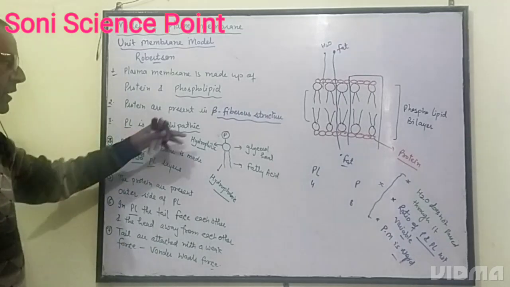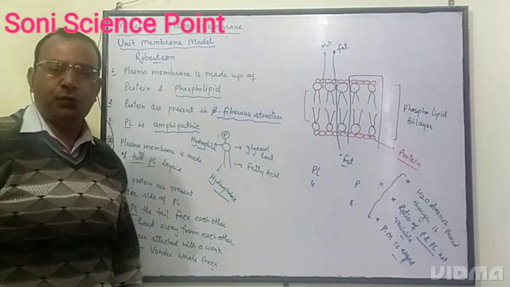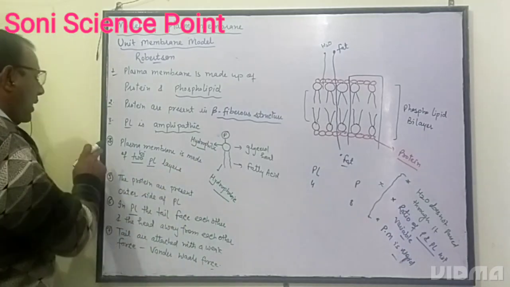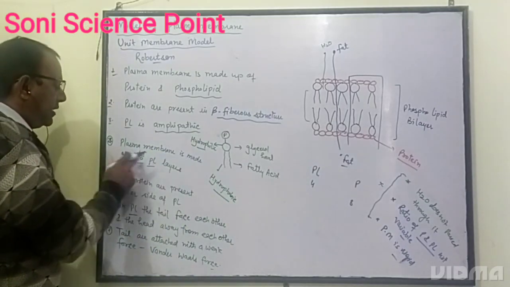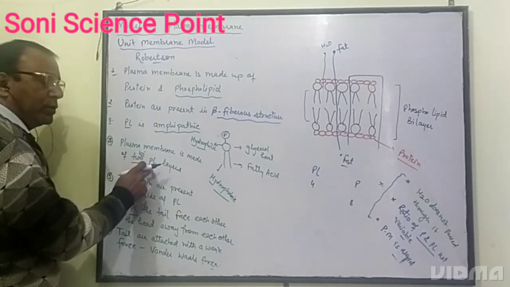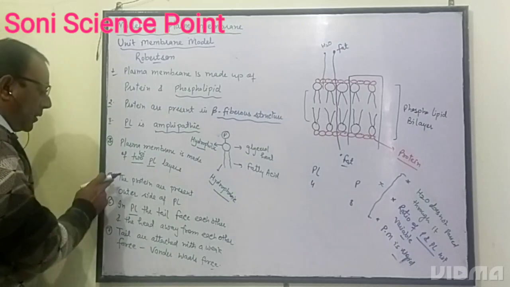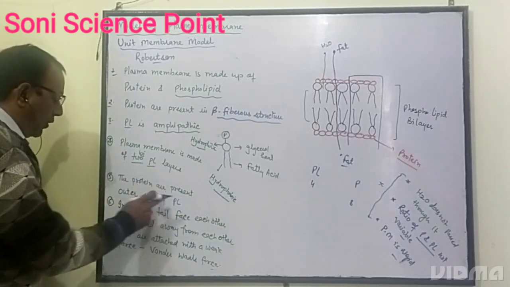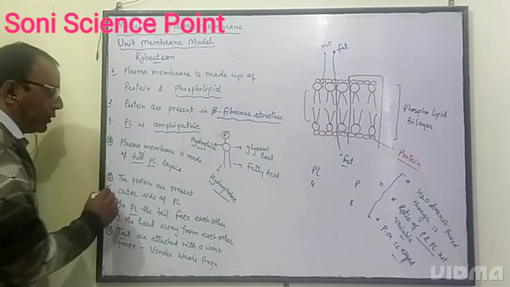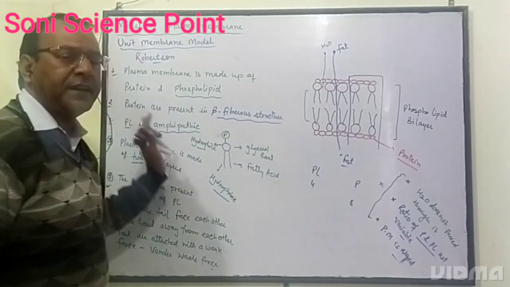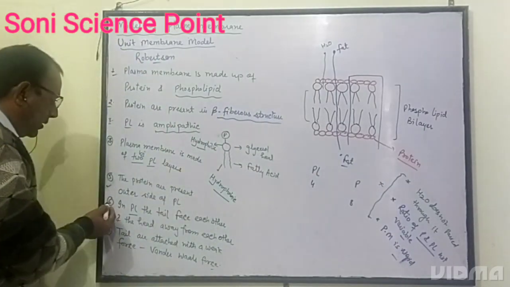The third property remains the same. Phospholipid is amphipathic. It means one end is hydrophilic and the other is hydrophobic. Number 4, plasma membrane is made up of a phospholipid bilayer. There is no change. The proteins are present on the outer side of the phospholipid of plasma membrane. That is also similar according to Robertson and Danielli and Davson.